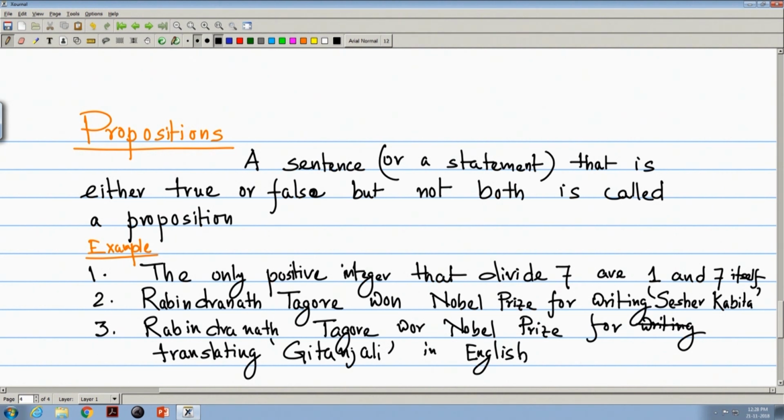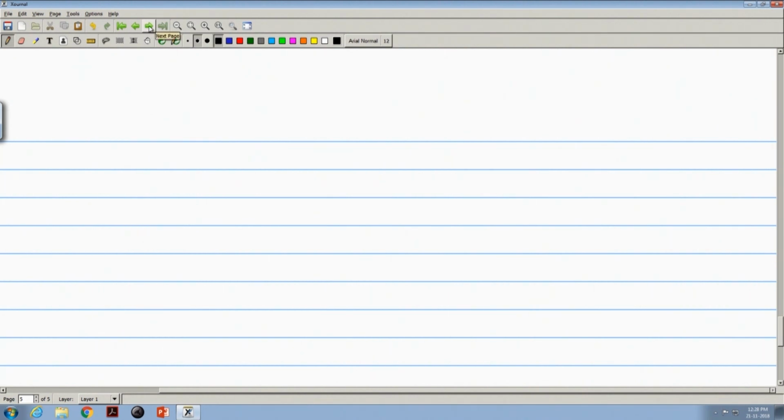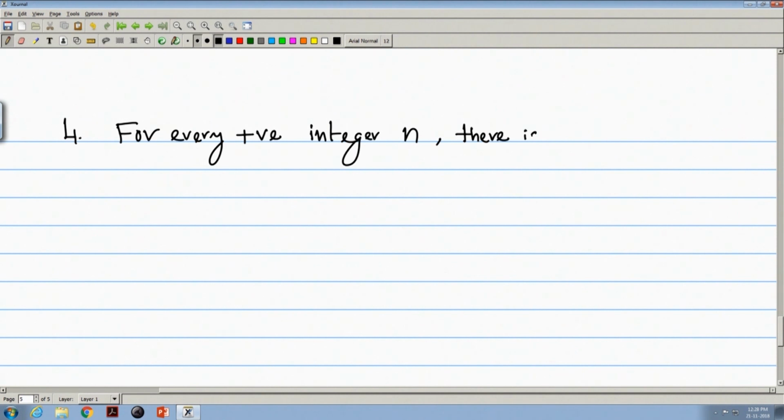We see some more examples. Fourth statement, for every positive integer n there is a prime number greater than n.